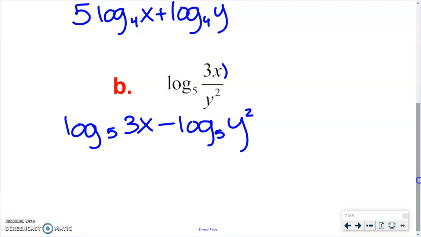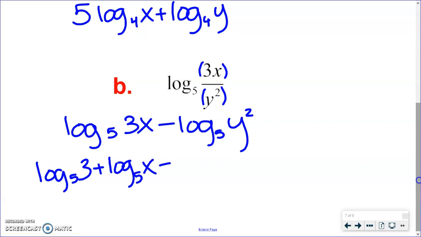And remember, there's kind of like a parentheses here to keep each piece together, so we know we want to separate it with division first. Separate it again, we've got log base 5 of 3 plus log base 5 of x minus 2 log base 5 of y.